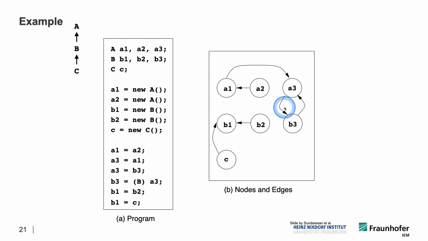Then this will give you such a graph here. And why is that? Let's take a look at that. So for instance, we have this assignment from A2 to A1, which gives us this assignment edge here. We have one from A1 to A3, which gives us this edge here, and so on. Okay, I guess that's very simple.